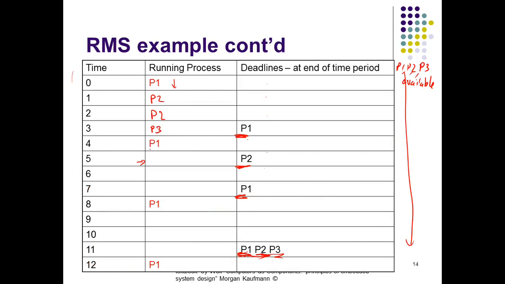Hands up for P3. Yes, most people say P3. P2 is finished, right? And P2 starts after the deadline. So I have nothing else to run, so I must run P3. At this point in time, now I can run P2. And then I can run P3, and so on and so forth.